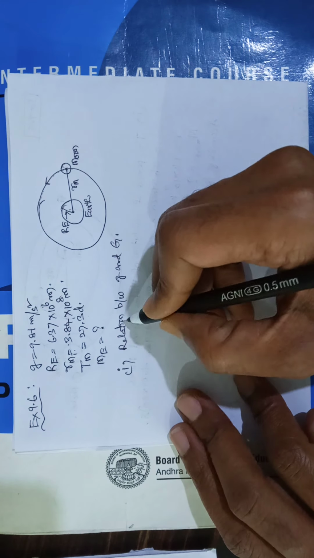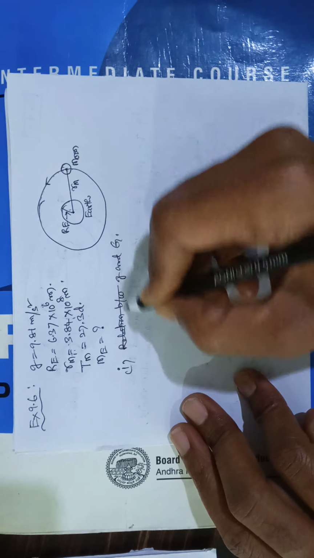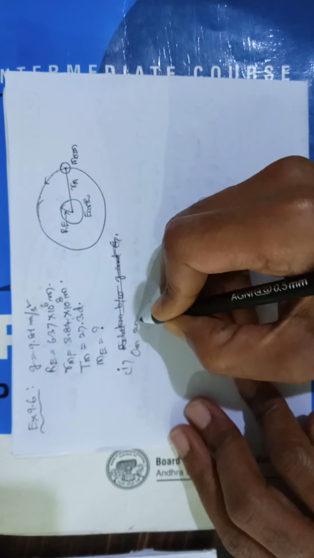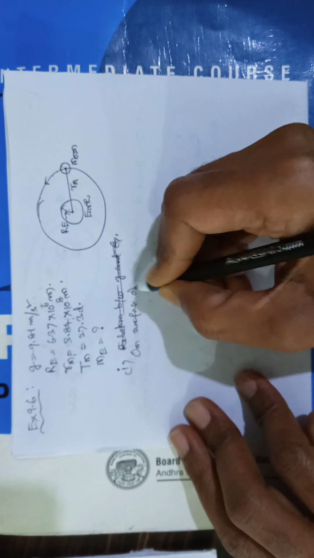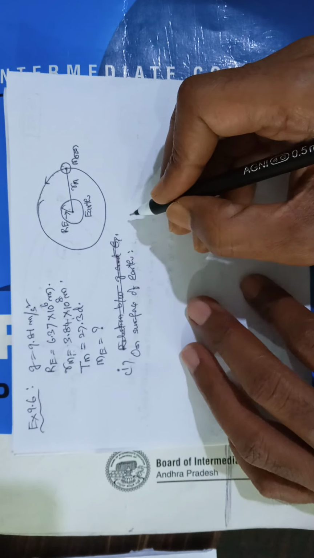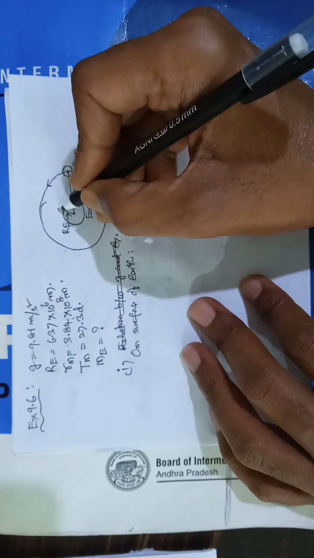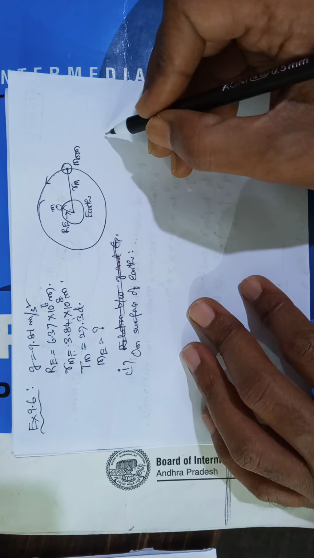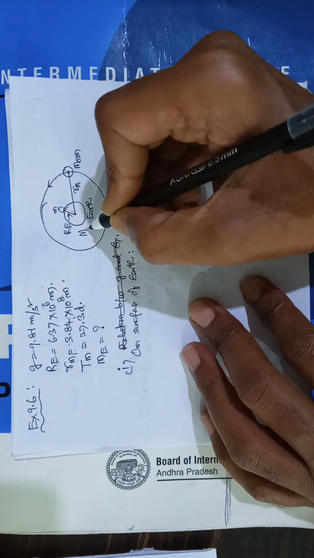Let us write like this: on the surface of Earth, suppose there is a body of mass m. This is the mass of Earth.